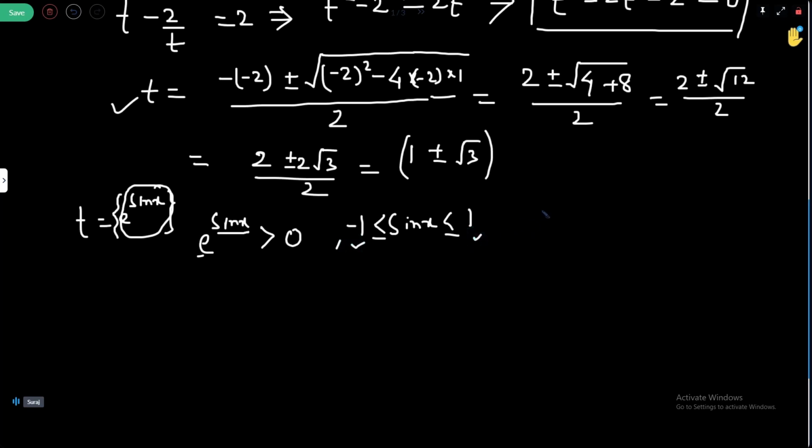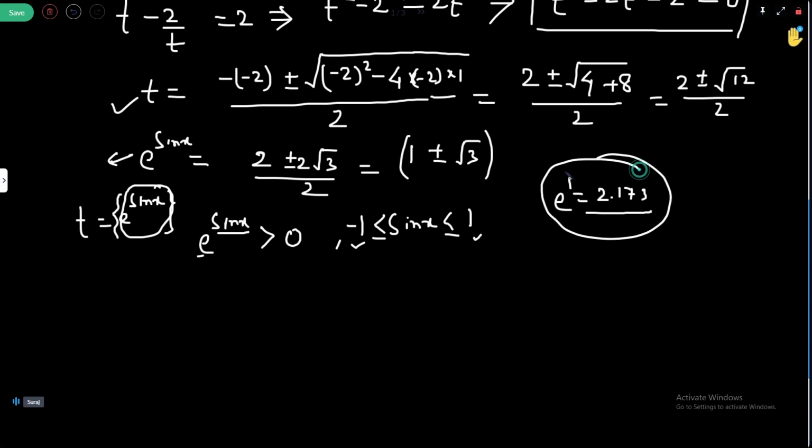So if you take e to the power 1, it means about 2.73, a certain value. So the maximum value of the LHS, e to the power sin x, will be this. But if you take the plus sign, e to the power sin x equals 1 plus root 3, which means 1 plus 1.732, equal to 2.732.